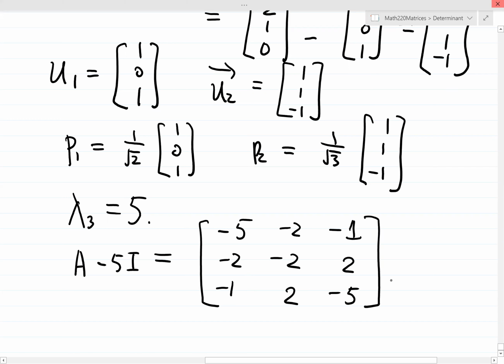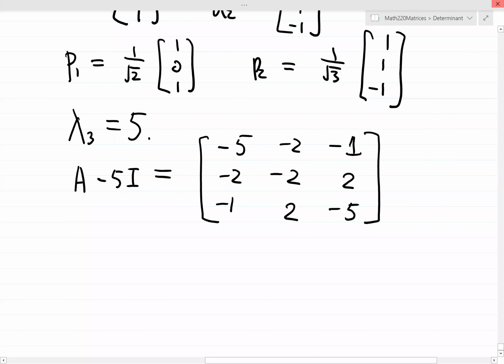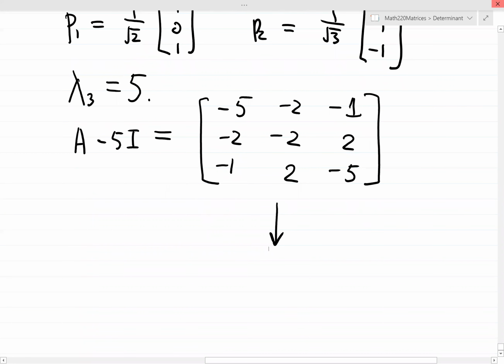Okay, so this matrix should have rank 2. So we do row operations.